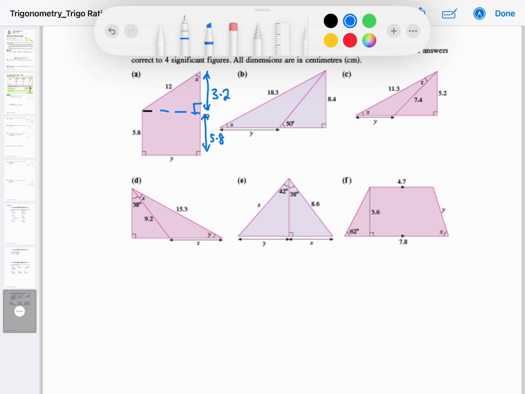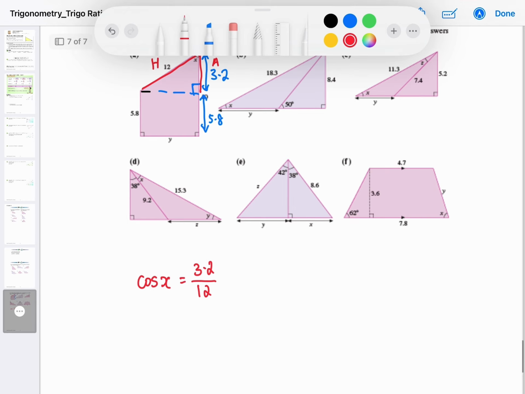Knowing that this length and this length are given, I can find x, the angle now, because of the length ratio of A and H. So cosine of x equals the length ratio 3.2 over 12.